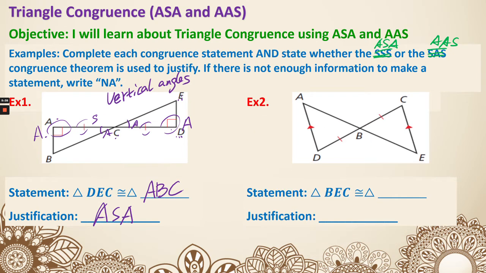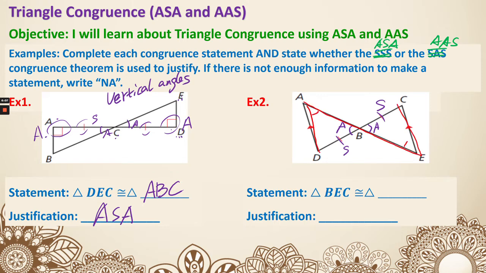Statement BEC. We're trying to compare with the other triangle. Let's have a look at the information that we have first. With this given information, we have at least a side and a vertical angle again. And lastly, parallel lines. Last time when we talked about parallel lines, we can have this kind of shape, a Z shape.